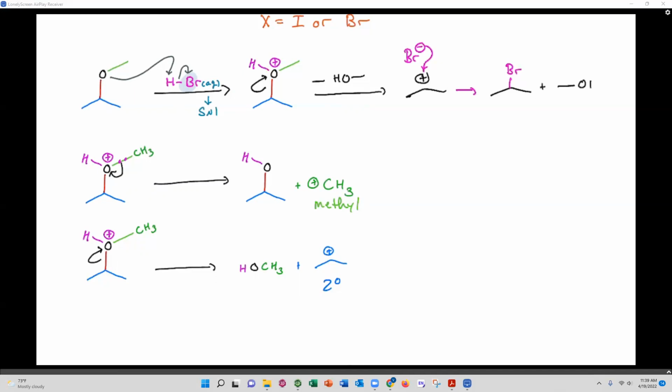And this is assuming one equivalent. If I do the exact same reaction with two equivalents, I'm going to see something else happen.